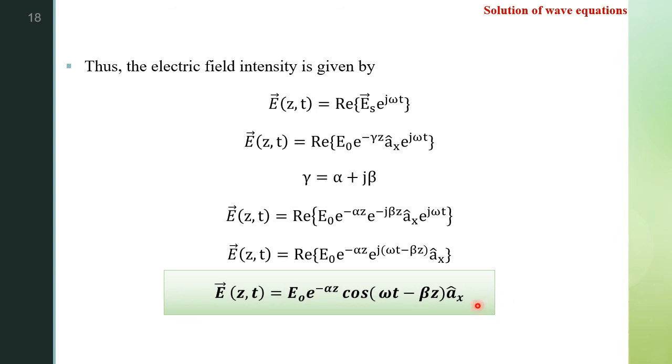As you can observe from this, the wave has amplitude only in x direction, it is a function dependent on time, and it is propagating in z direction. This shows that it is exponentially decaying as it moves towards infinity. And this gives us the expression for electric field intensity for an electromagnetic wave.